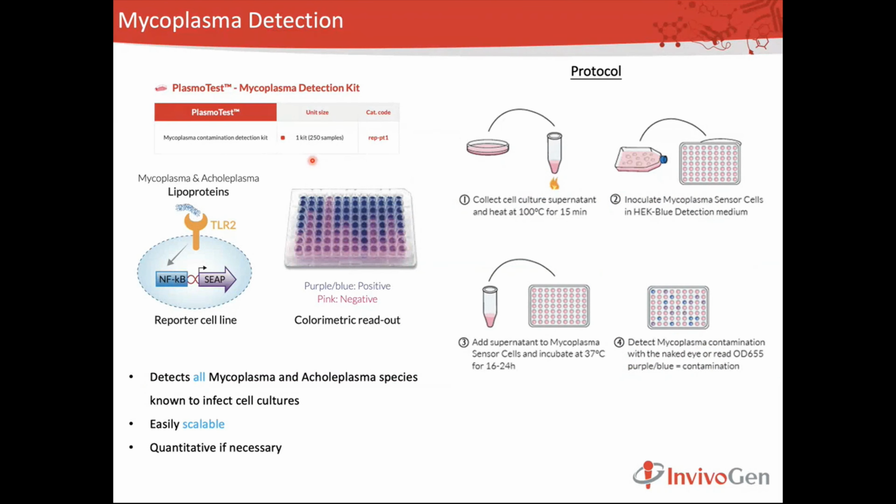We have two ways. The first way of Mycoplasma detection is by a reporter cell line. We know Mycoplasma is a microbe for the cell. It's an invasive thing, an outsider.